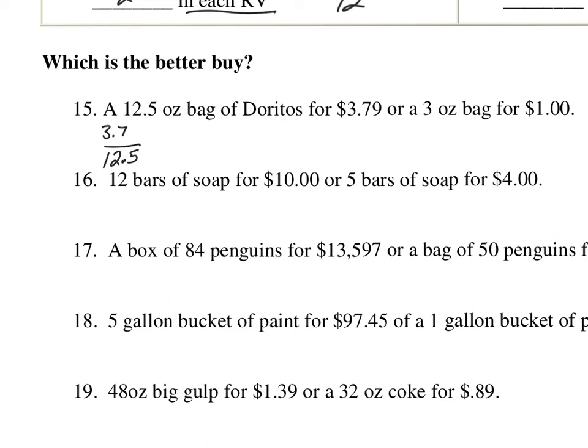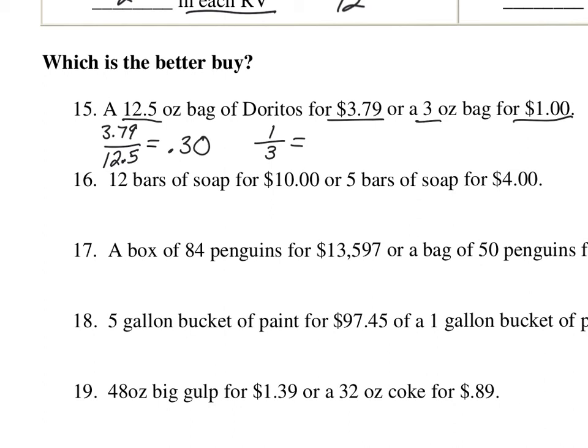You can still do a comparison if you do it the opposite way, but first we have 12.5 ounces and $3.79, and we have 3 ounces for $1. Okay, so we're going to put 1 over 3, and we're going to take 3.79 and divide it by 12.5, and we get point, and here you have to be fairly accurate, 0.30.